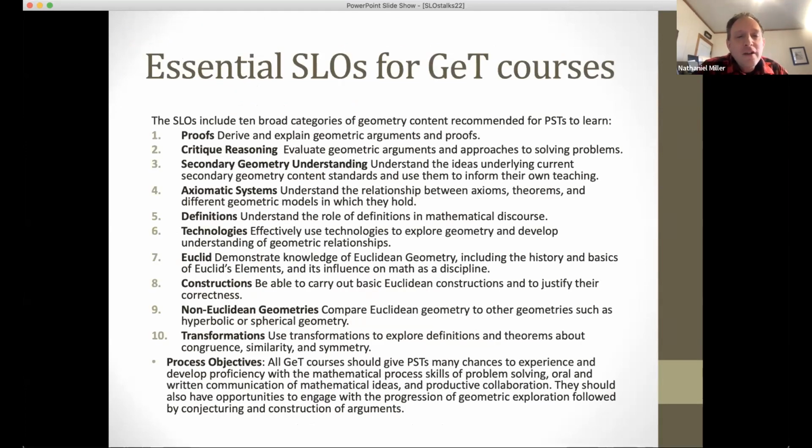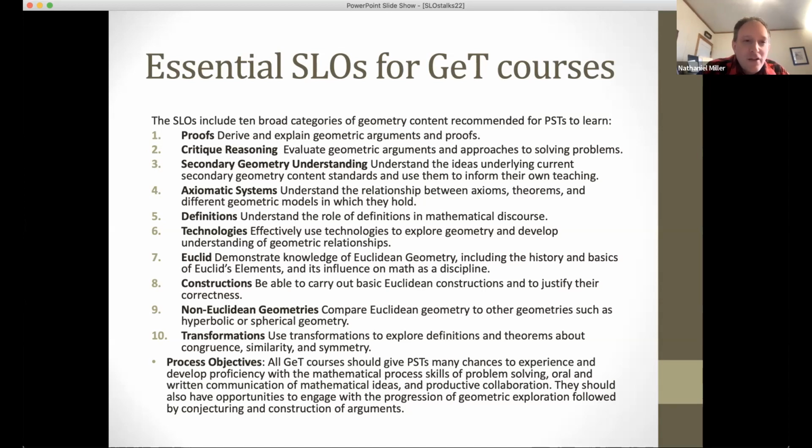So here are the SLOs that we've come up with. There are 10 broad categories of SLOs, and then we also have some process objectives. I should say that these have been revised over time. There was an initial group of SLOs, and as we've written the narratives for them, the SLOs themselves have also changed.